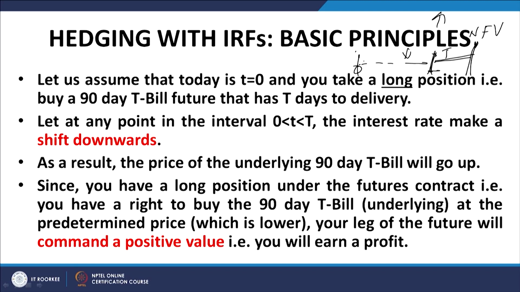But you are already assured of getting this bill at a given price, which is fixed beforehand, before this interest change occurred, and the price has now increased. Therefore, the value of your futures contract will be positive, because you will be getting the bill at a lesser amount compared to what the market is now pricing that particular bill. So, that is how the Treasury bill future operates.